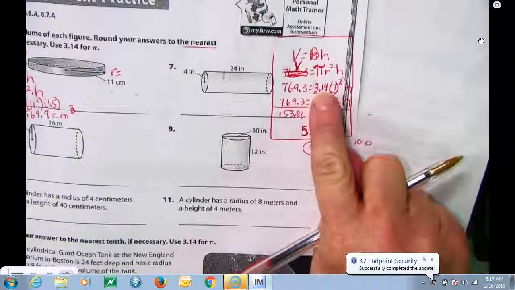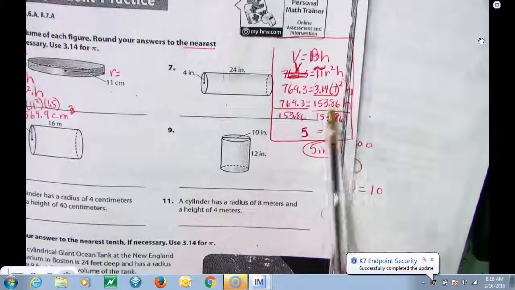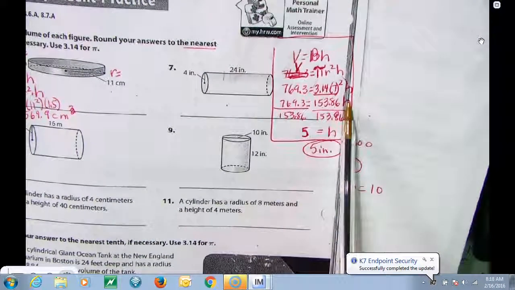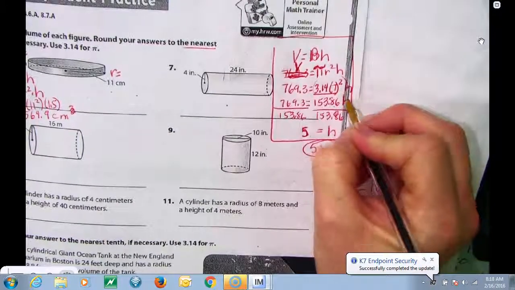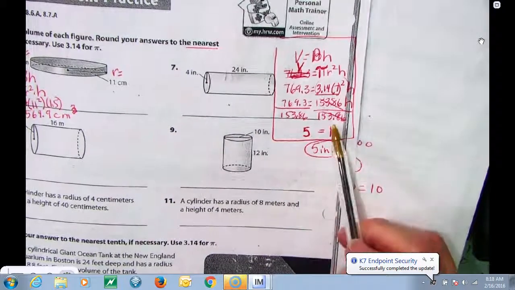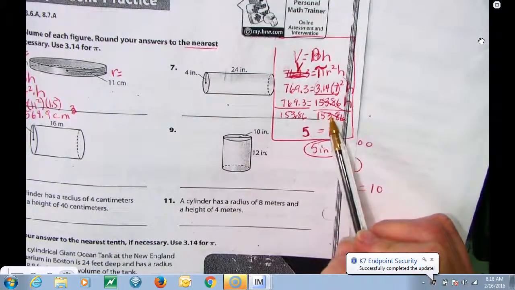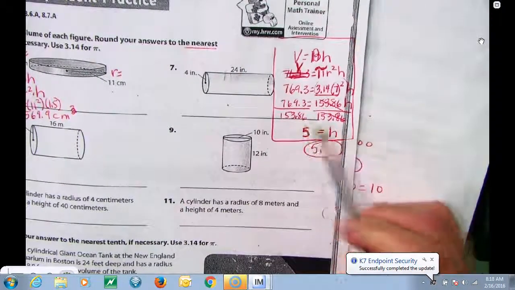Following the formula. 3.14 times 7 squared. Okay, and so you write that down times the height. Well, you want the height. So we got to divide by 153.86 to find the height. If I divide by 153.86 here, I got to divide by here.